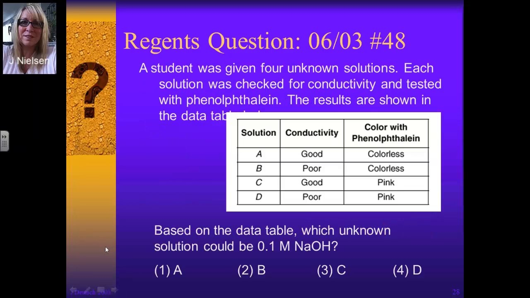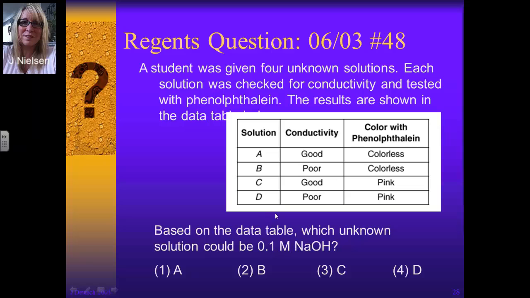A student was given 4 unknown solutions. Each solution was checked for conductivity and tested with phenolphthalein. The results are shown in the data table. So we know that A and B are acids, and we know that C and D are bases. Based on the data table, which unknown solution could be 0.1 molar NaOH?